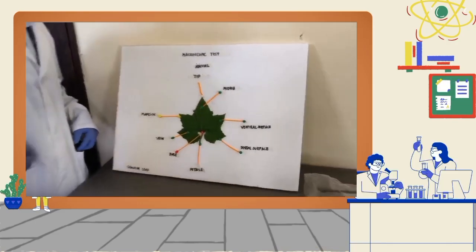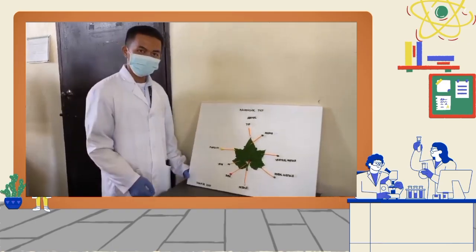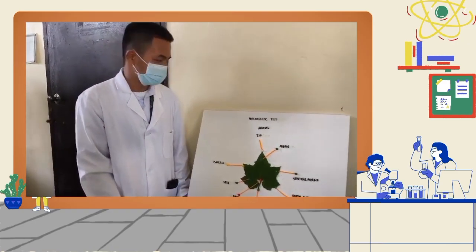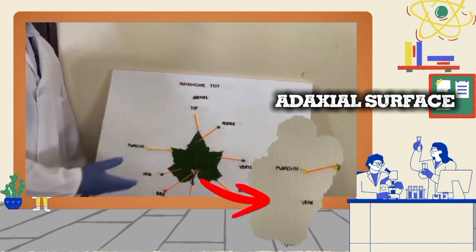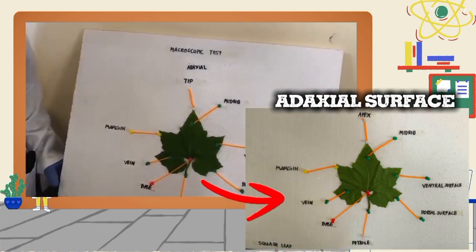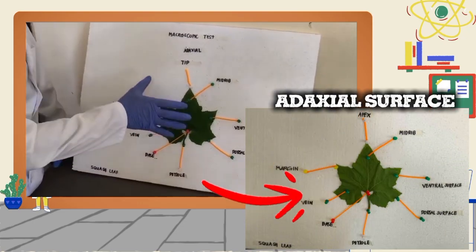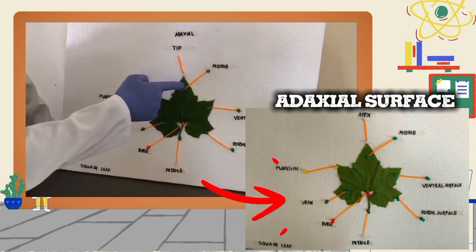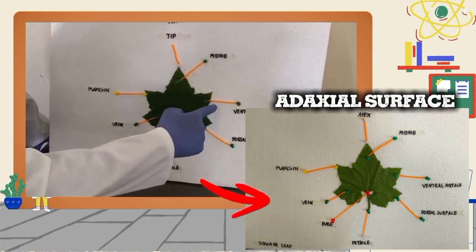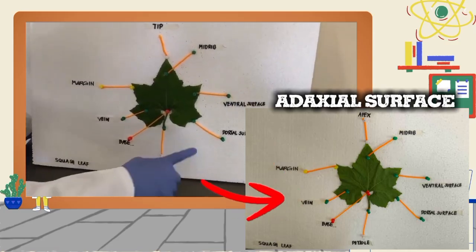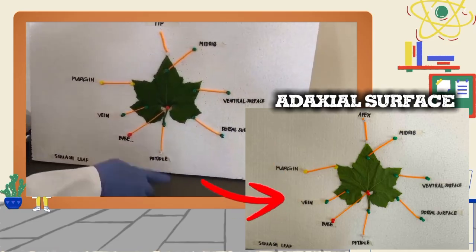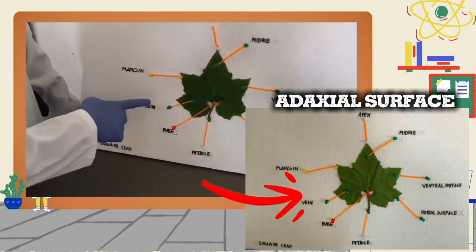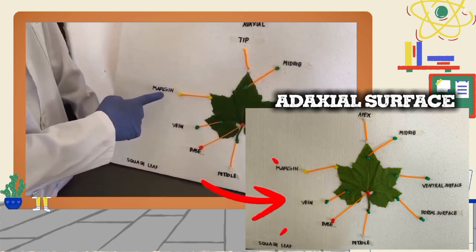So, this is the microscopic test of the squash leaf. Let's look at the adaxial side. First, we found the tip, which is here, the midrib, the ventral surface, the dorsal surface, the petiole, the leaf base, the margin.